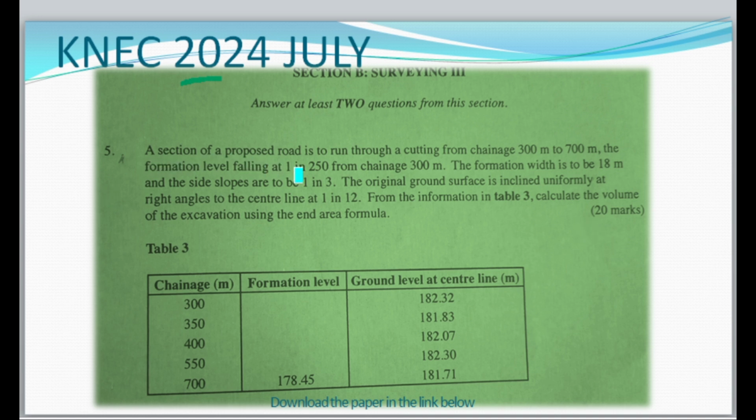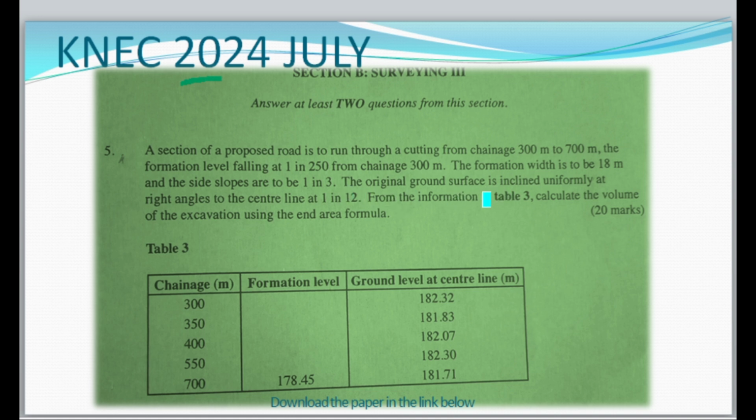A section of the proposed road is to run through a cutting from chain 300 to 700 meters, and the formational level at 1 in 250 from chain 300 meters. We have the formational width, which is 18 meters, and the side slopes, the ratio 1:3. So this is the ratio of the side slope.